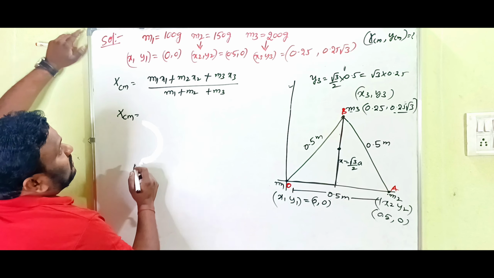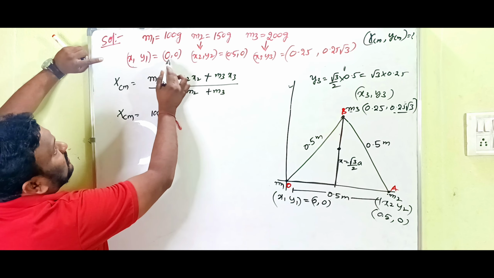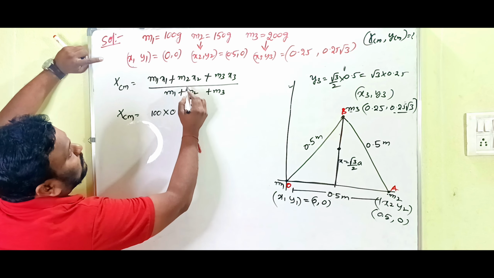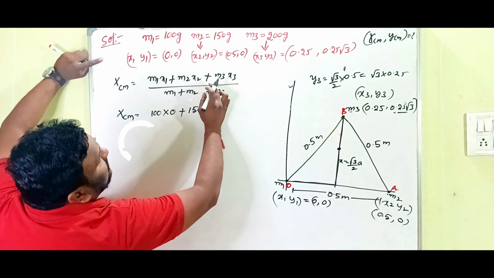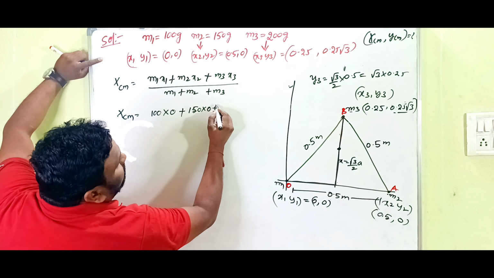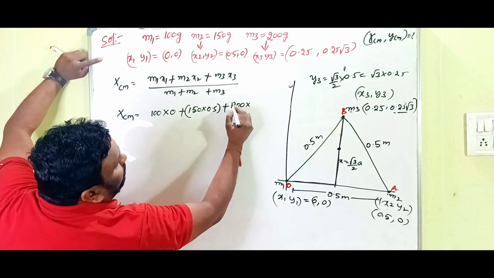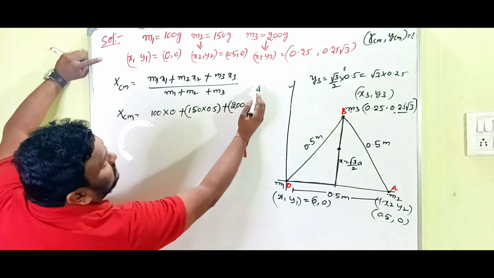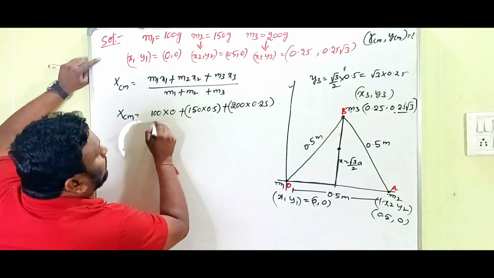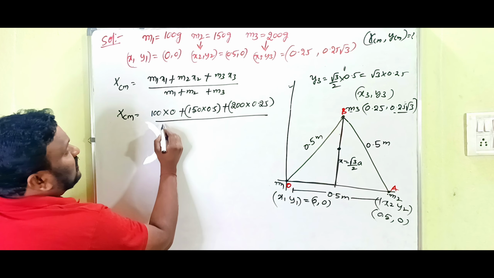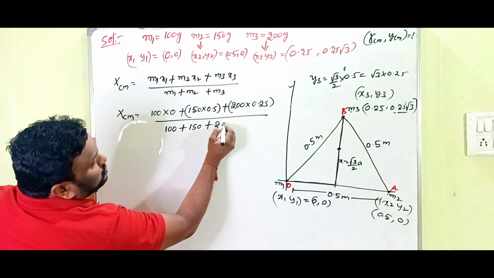So for masses, m1 is 100 grams into x1. The x1 value is 0, plus m2 value 150 into x2. The x2 value is 0.5, plus m3 200 into x3 value 0.25, by m1 plus m2 plus m3, 100 plus 150 plus 200.